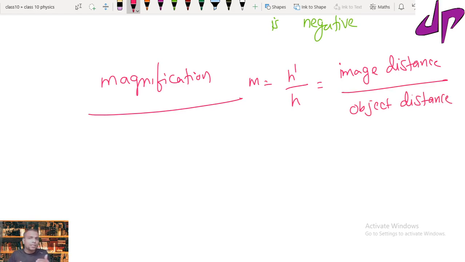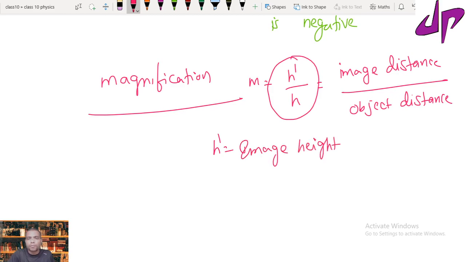Here h' is the image height and h is the object height.